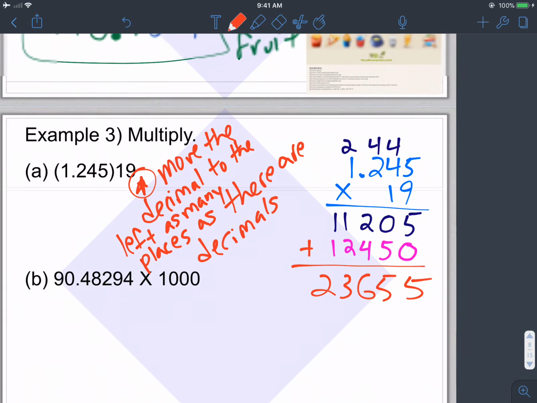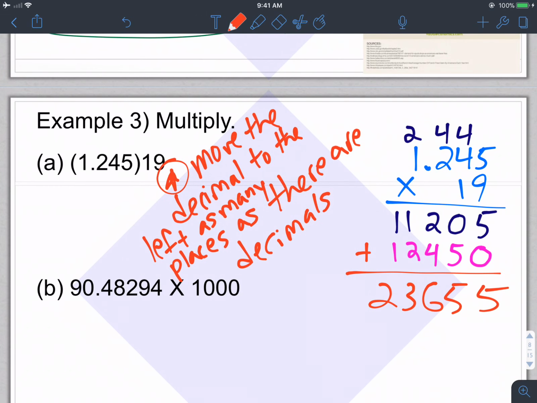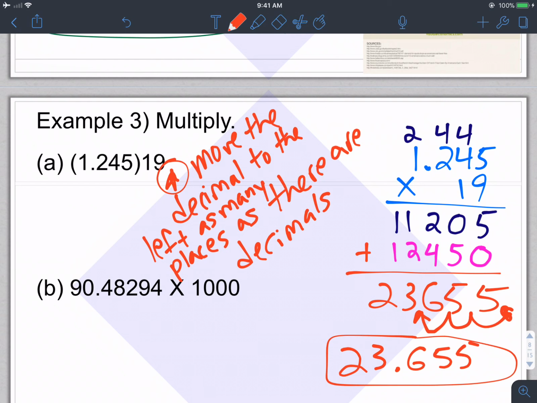I have no idea if that's a good way to put it, but there are 3 decimals: the 2, the 4, and the 5. So I now have to take that decimal point and move it left. 1, 2, 3. So I get 23.655. And then check in the calculator to see if everything went okay. Yeah, did all right.